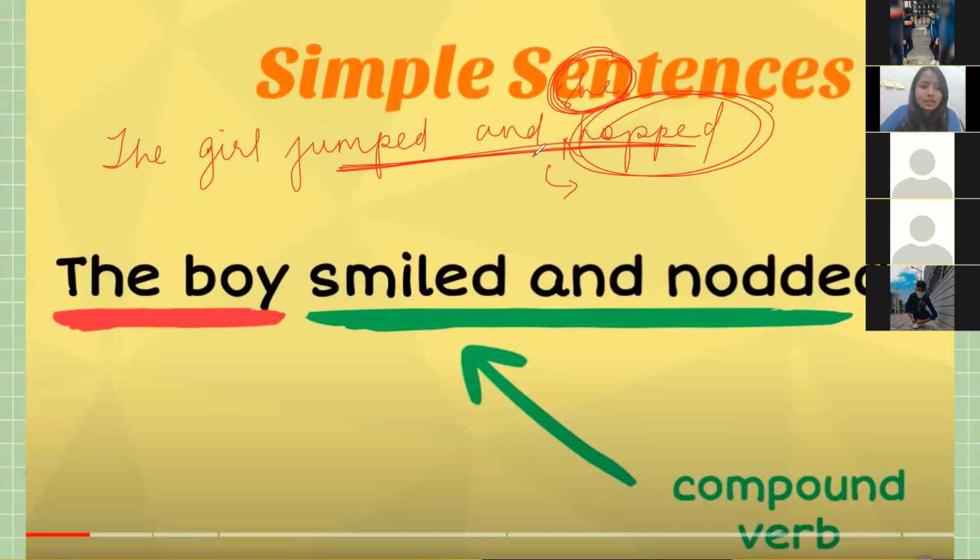And we have joined them using and. The girl jumped and she hopped. So this is not a simple sentence. These are two different sentences joined. But if I write only the girl jumped and hopped, then this will become a compound verb, and this is a simple sentence.